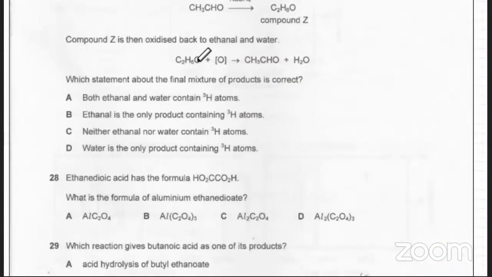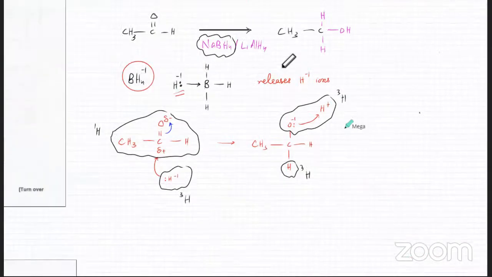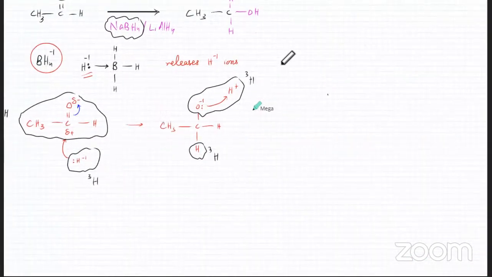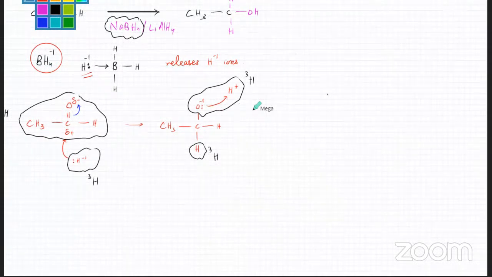So he's saying compound Z is then oxidized back to ethanol. Which statement of the final mixture of products is correct? So let's continue from this point. This question is slightly more complicated.